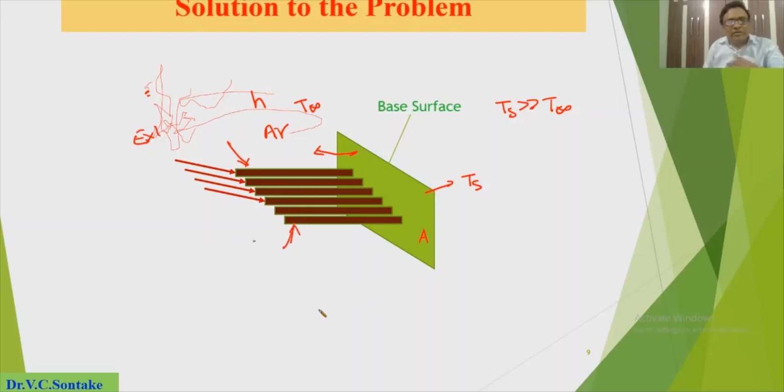The extra surfaces which are attached to the base surfaces in the form of protrusion are called extended surfaces.